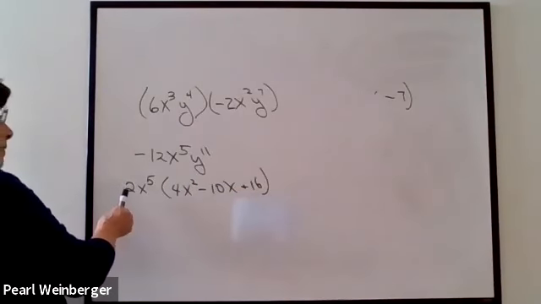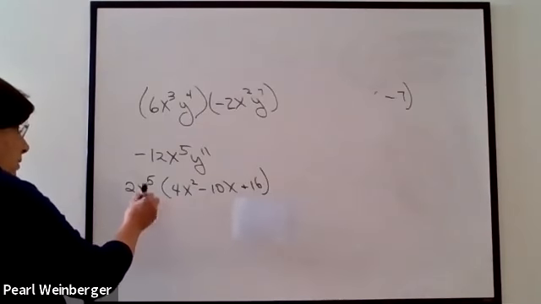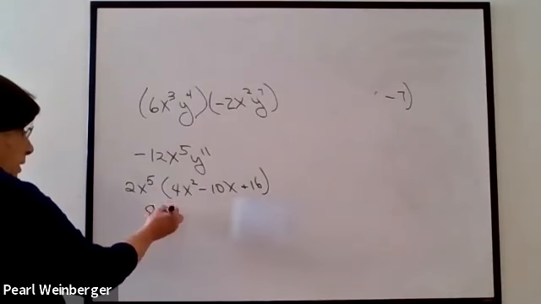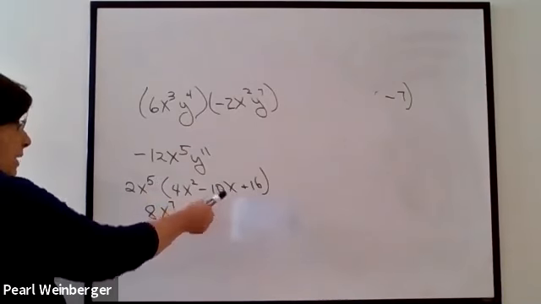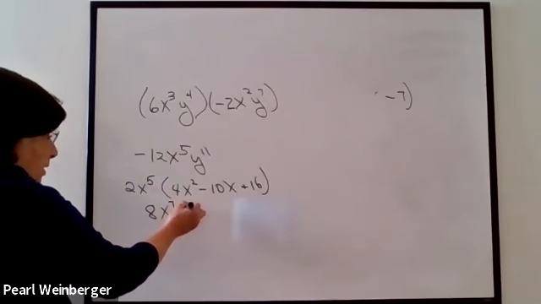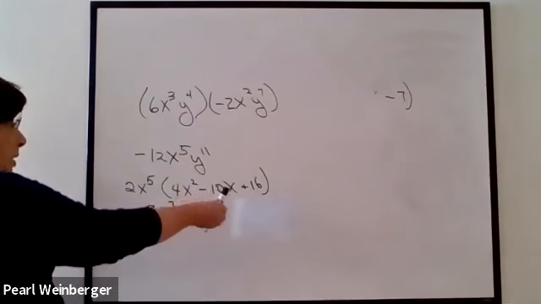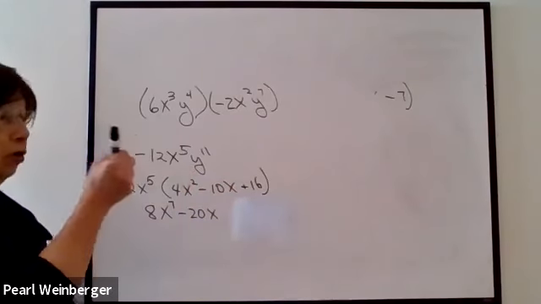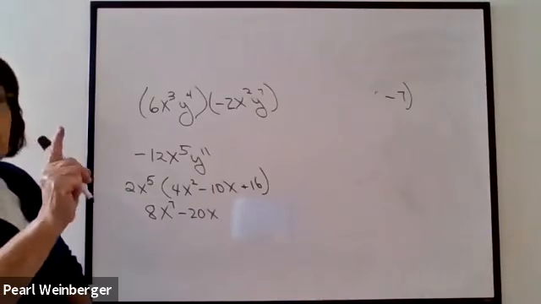So multiplying the first term, 2 times 4 is 8. Again, when we're multiplying the letters, we add their exponents, so that'll give me x to the 7th. Then I have 2x to the fifth times minus 10x, which will give me negative 20x. And here we have to be careful. I don't see any exponent on the x, but we know if there's no exponent written, it means the exponent is 1.